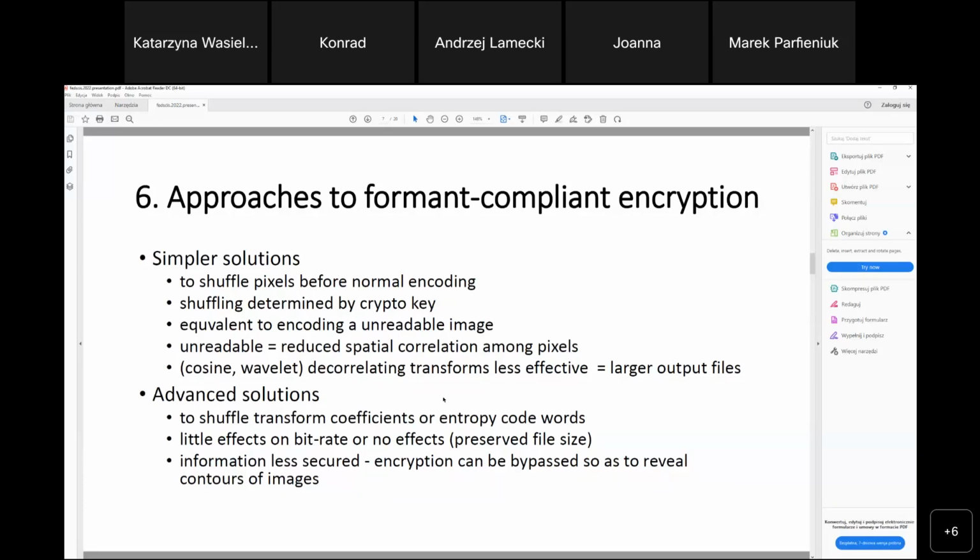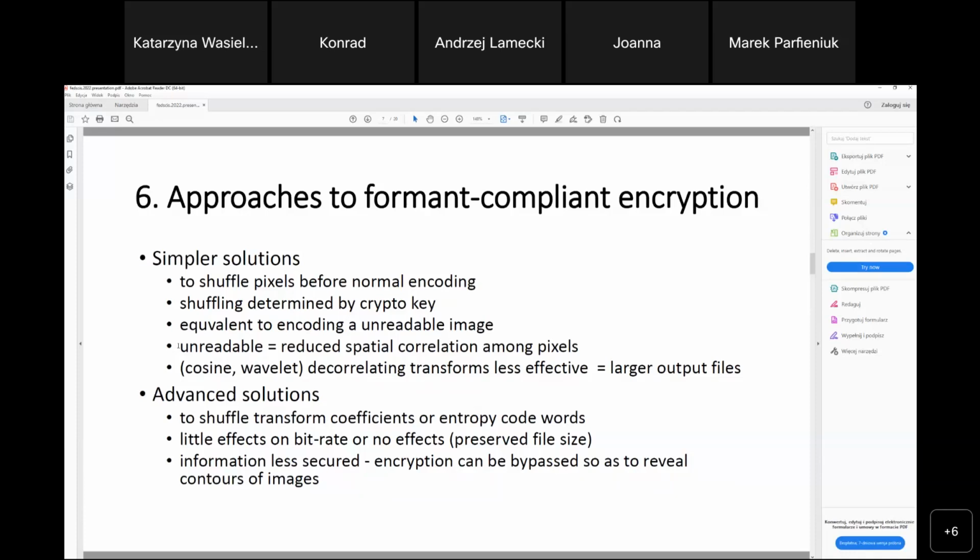Blocks of pixels can be rotated so as to produce an unreadable image, and then this unreadable image is compressed using normal JPEG encoding.